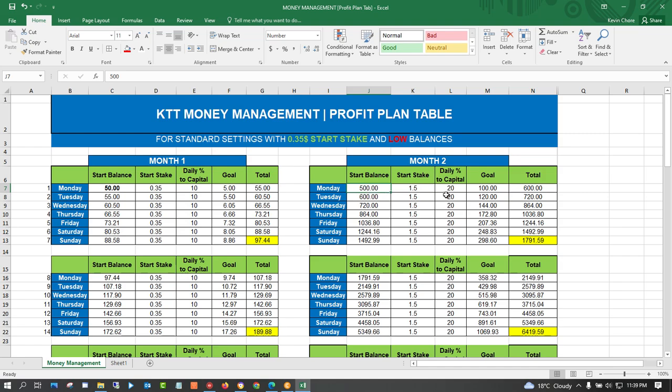So if you only do 20% of our capital, then we just want to reach, if you have $500 in your account, then making $100 is easy if you're just doing 20% of that capital, okay?